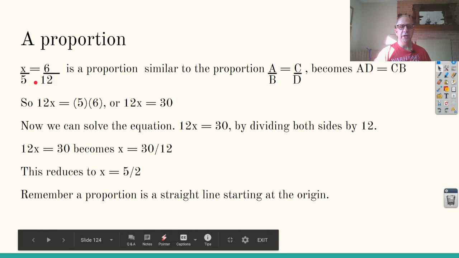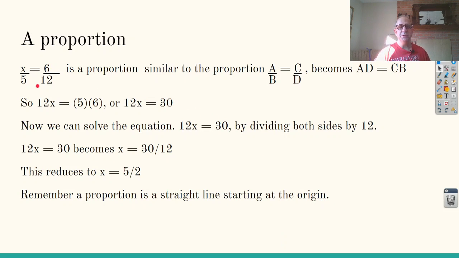All right, a proportion like x over 5 is equal to 6 over 12 is similar to the proportion a over b equals c over d. It becomes AD equals CB. So the property of equality is multiplication. If I multiply both sides of this equation by D, that's going to cancel out.